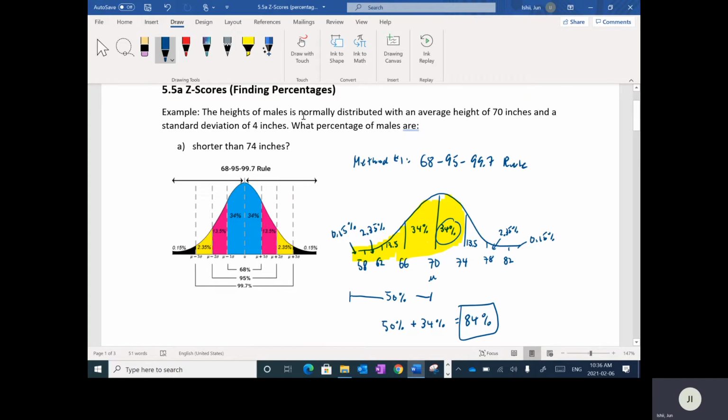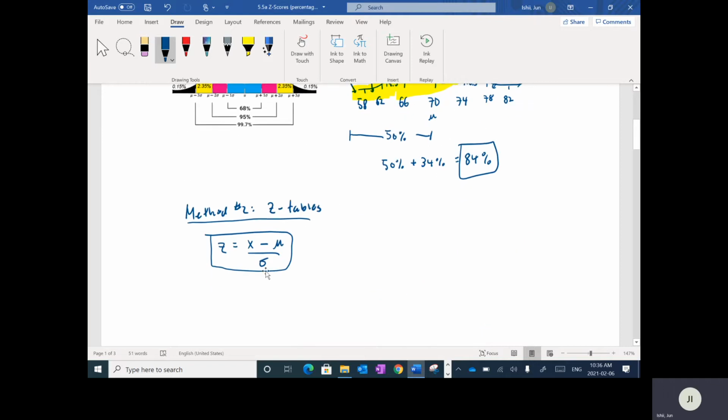Okay, so there's infinitely many normal distributions, but with this formula we're standardizing it, which means we're converting it to a readable normal distribution, which is called the Z distribution. Okay, so hopefully that made sense.